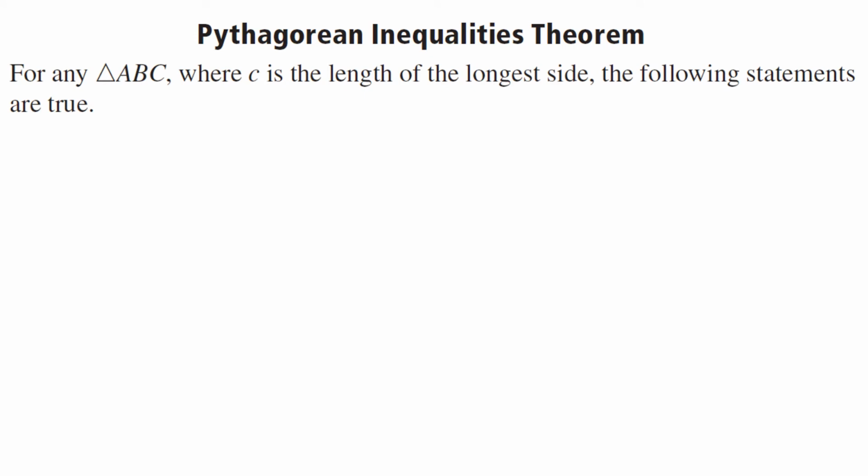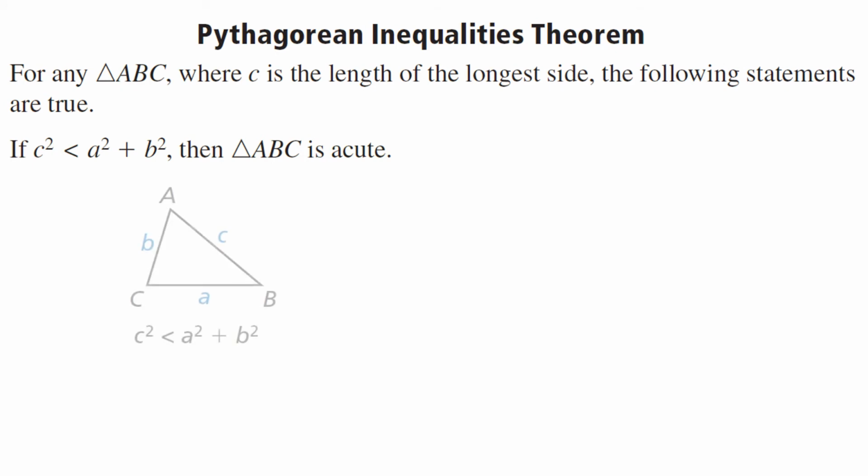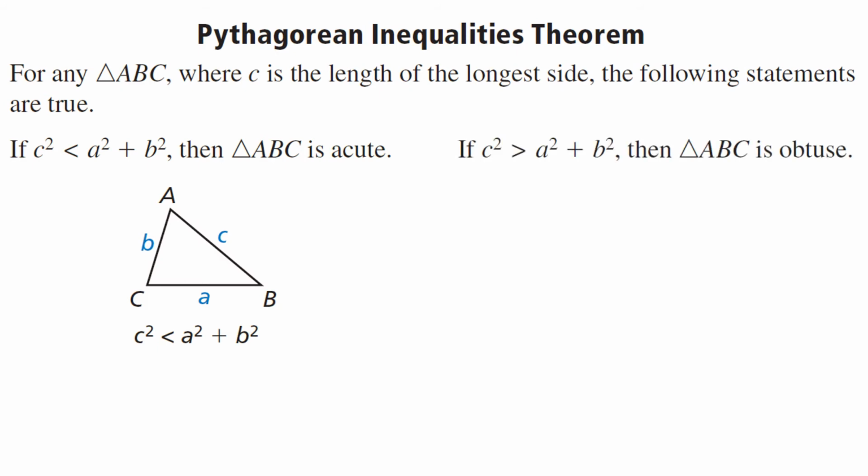Okay, so if I got triangle ABC, and I know C is the longest side, I don't necessarily know it's the hypotenuse, but I know it's the longest side. If C squared is too small, it's an acute triangle. If C squared is too big, it's an obtuse triangle.